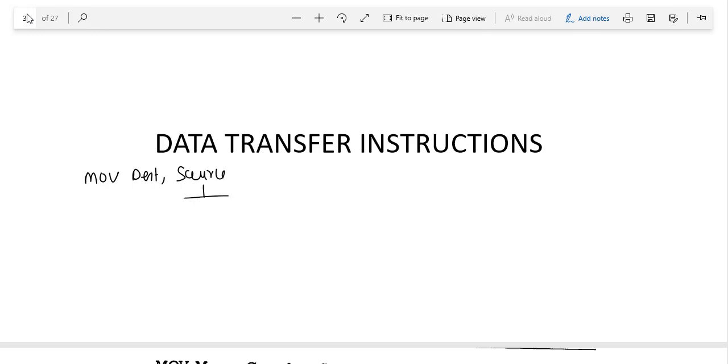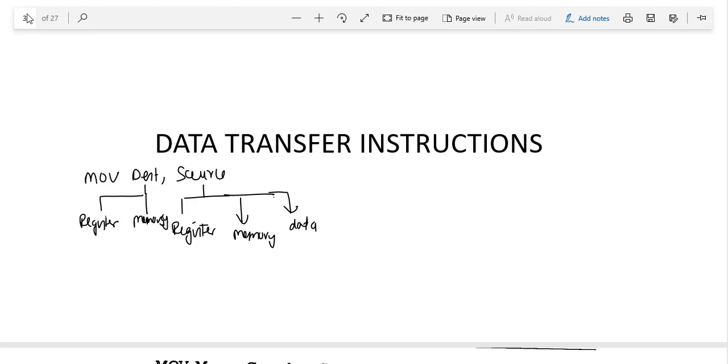Here source can be register, source can be memory, or it can be immediate data. In the same manner, the destination can be register or it can be memory.